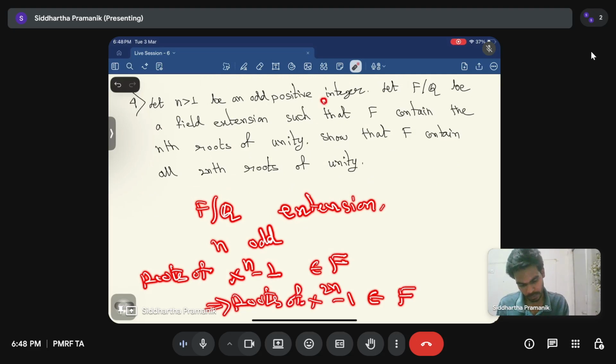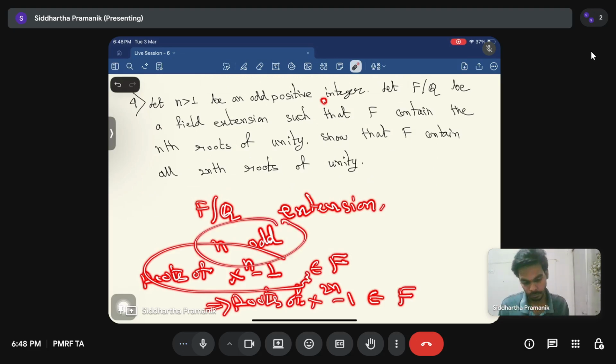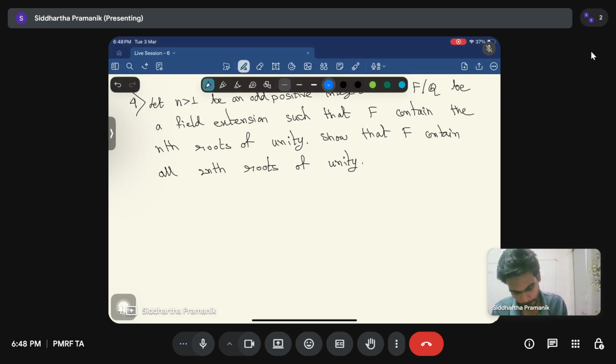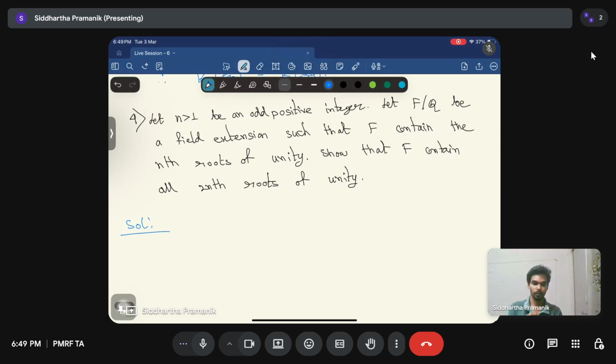So roots of x power n minus 1 in F implies roots of x to the power 2n minus 1 are also in F, where n is an odd positive integer. So how to do this? Here we just have to use some observation.